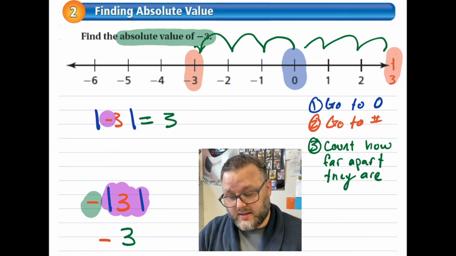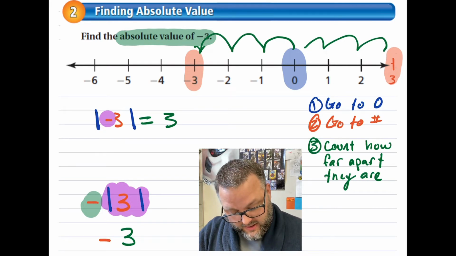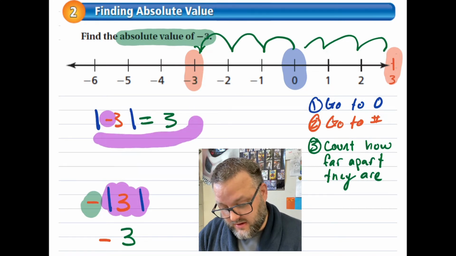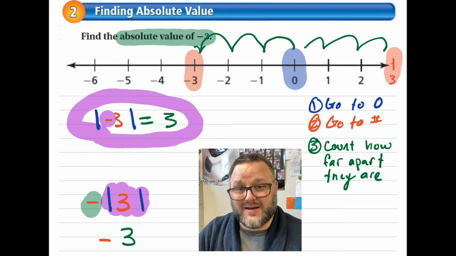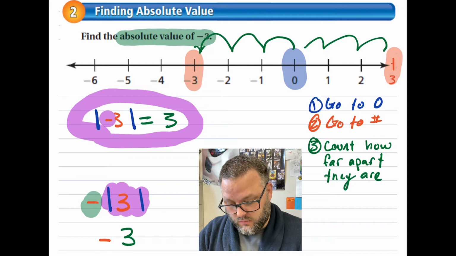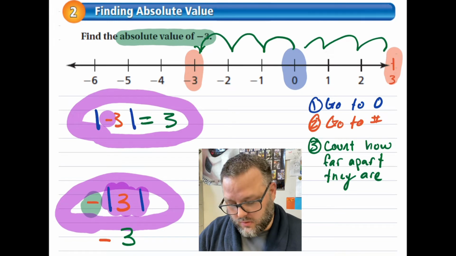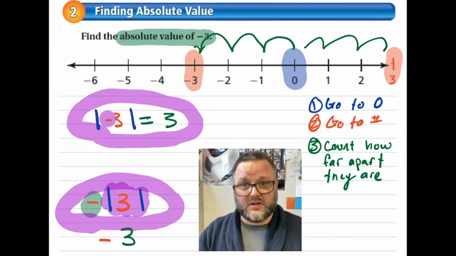So really, what we have up here is the absolute value of negative 3. And what we had down here was the opposite of absolute value of 3. Well, if the absolute value of 3 is 3, the opposite of 3 would be negative 3.